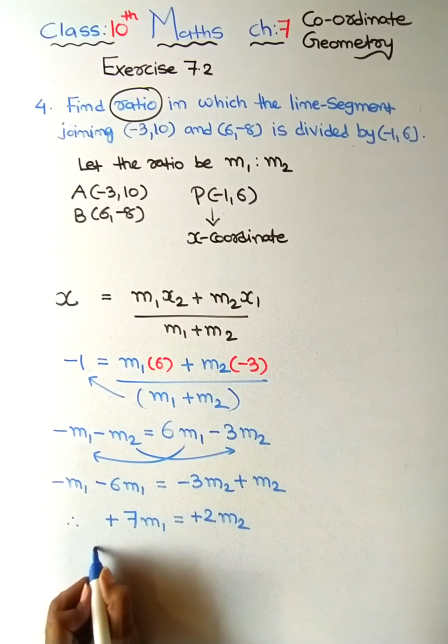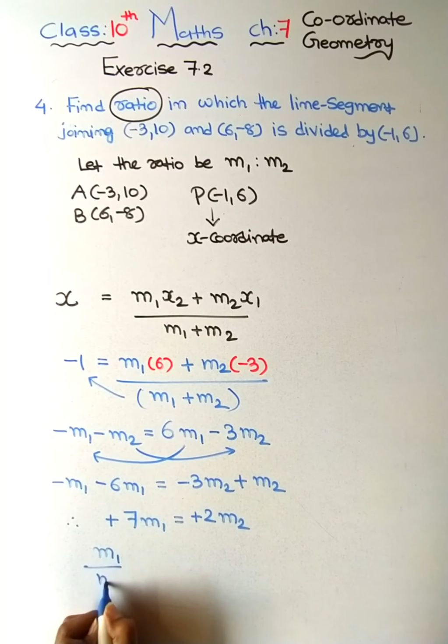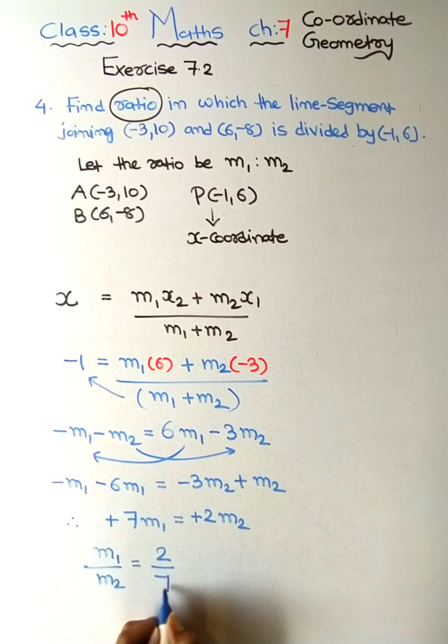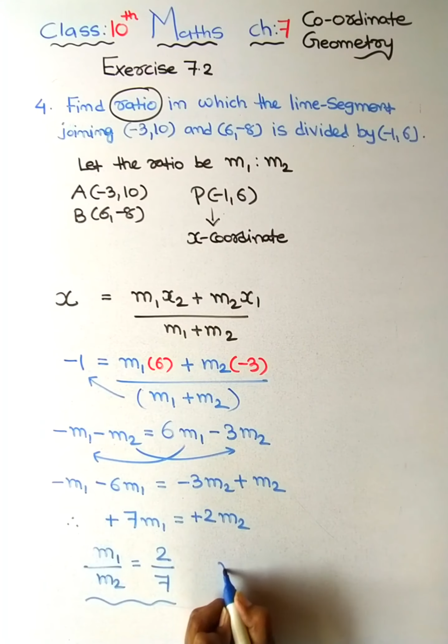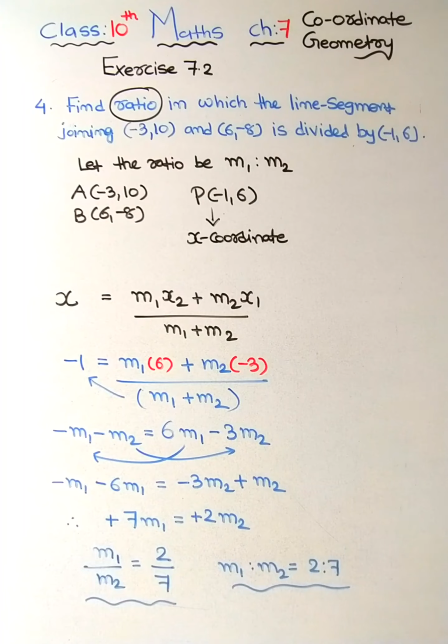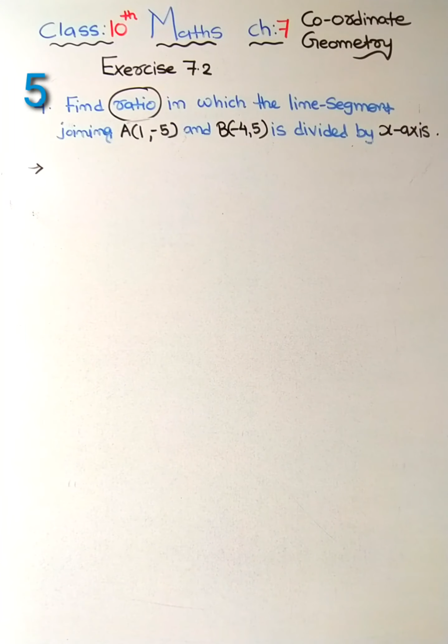Taking m2 on this side, m1 upon m2, 2 was already here, taking 7 on this side will be 7. So we got m1 is to m2 as 2 is to 7. We don't need y coordinate, only one coordinate will give us the correct answer. Next question is example number 5, question number 5.